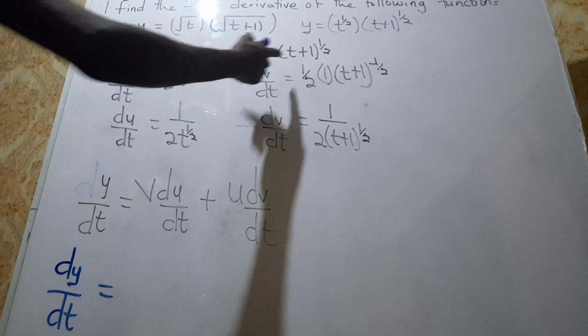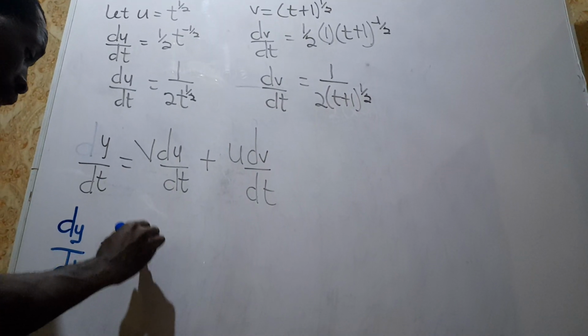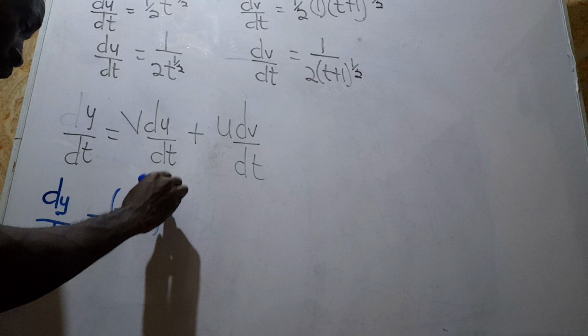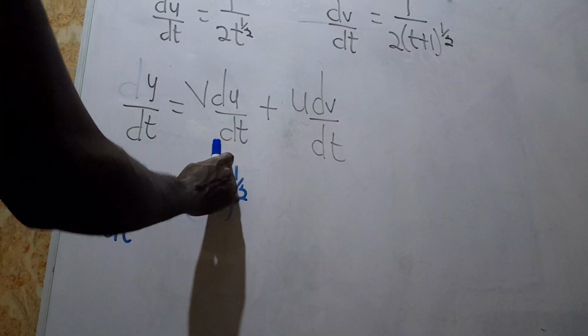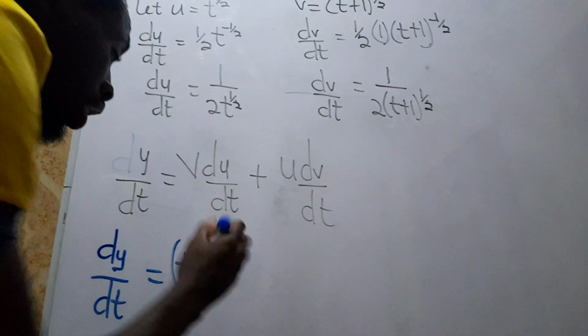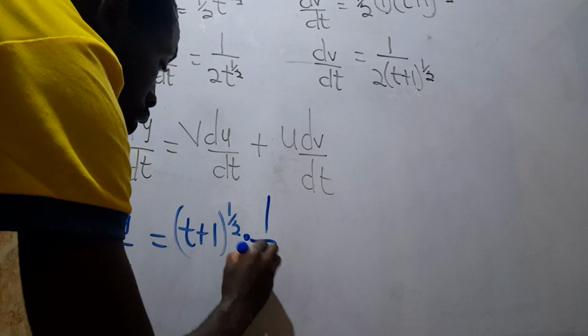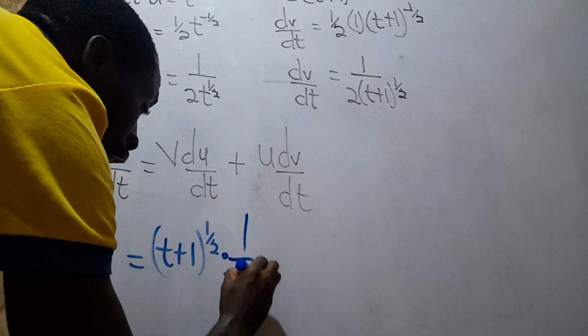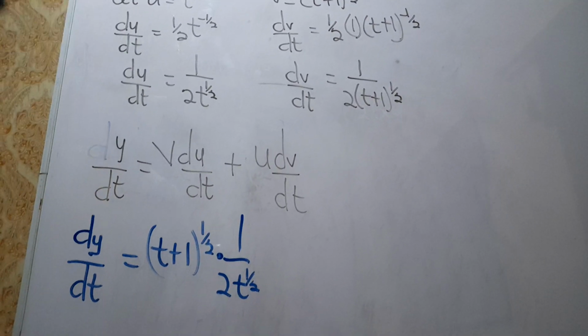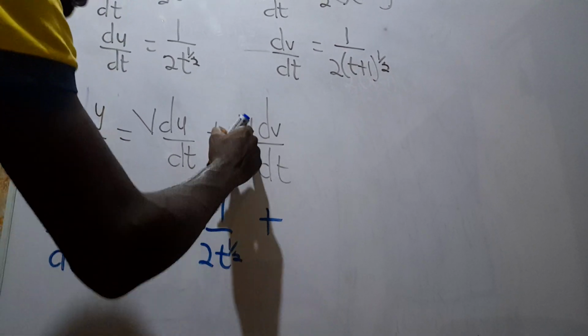So now in substituting, our dy over dt will be equal to v. What's our v? Our v is t plus 1 exponent half. And our du over dt is 1 over 2 times t exponent half, plus, what's our u?